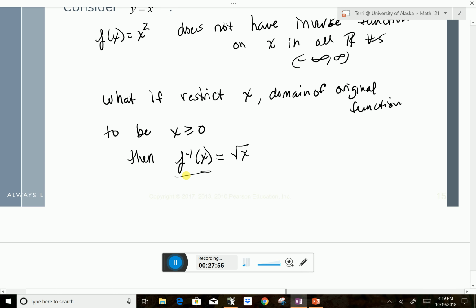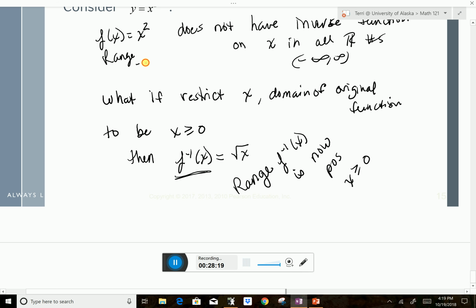So the domain of the original is x greater than or equal to 0, and the range of the inverse is now also greater than or equal to 0. For that matter, the range of the original is also greater than or equal to 0, and the domain of the inverse is too.